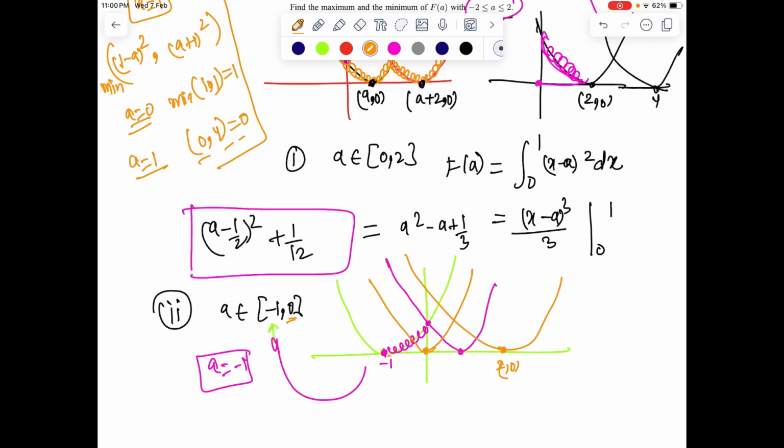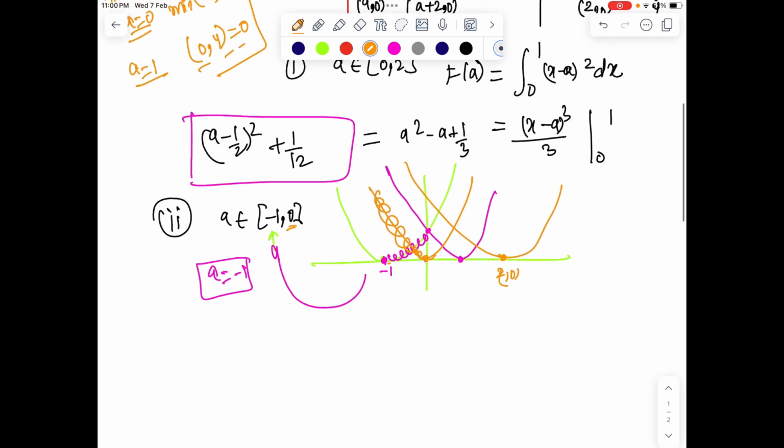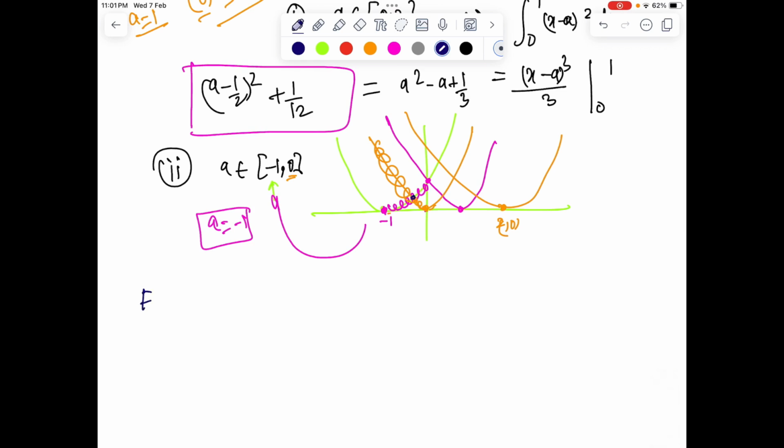So for a equal to 0, the minimum value between -1 and 0 is going to be this curve, right? So again we can see the minimum value keeps on changing depending upon the value of a. So hence how f of a, the function, will open in this interval.